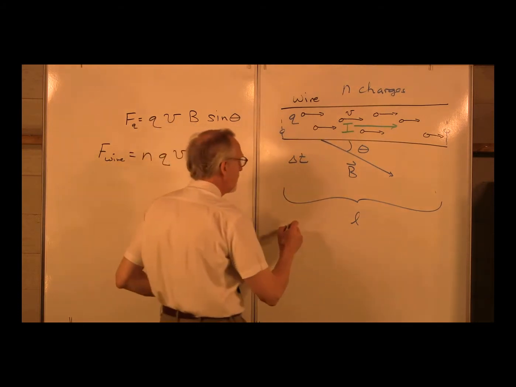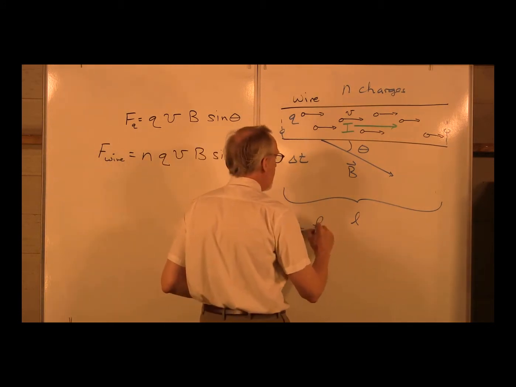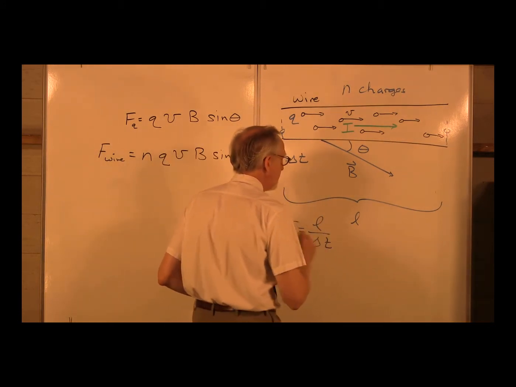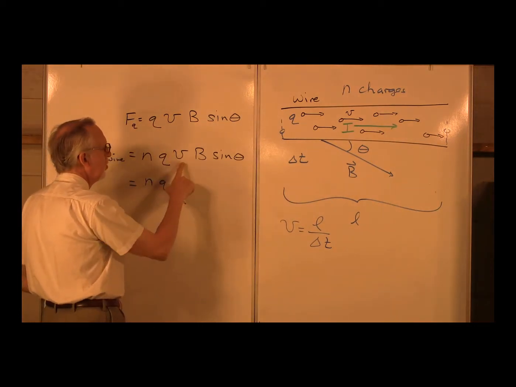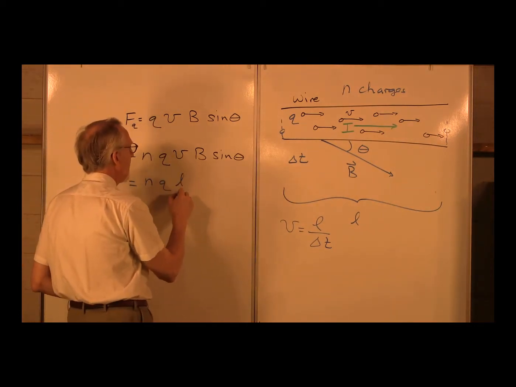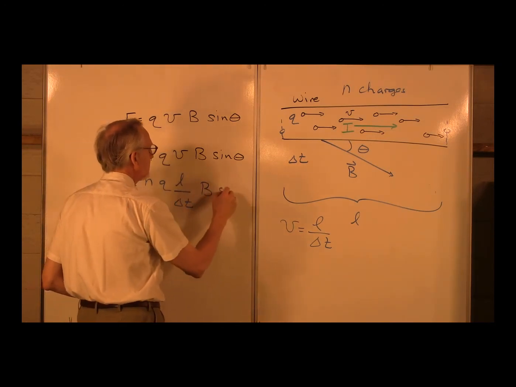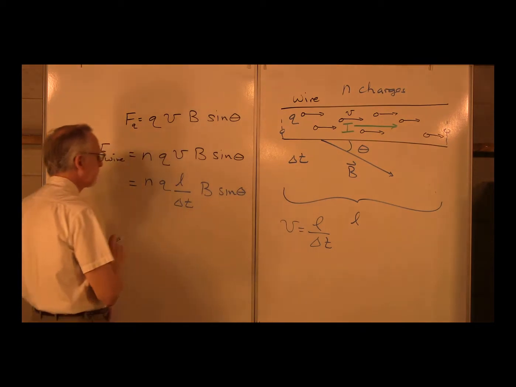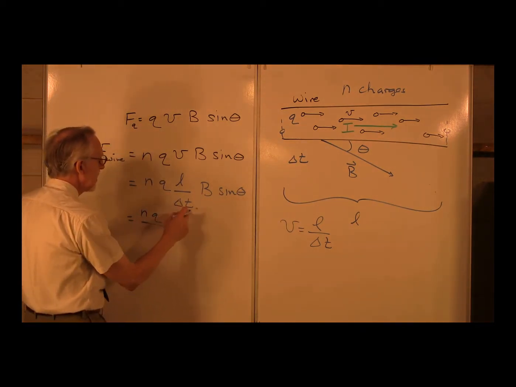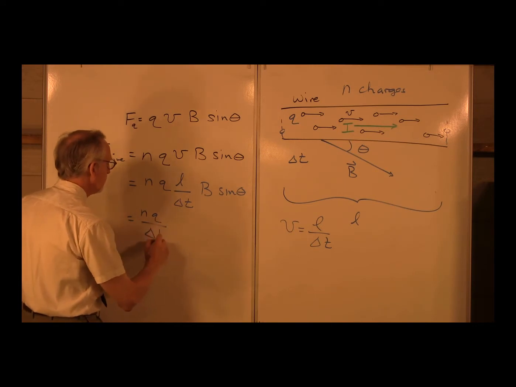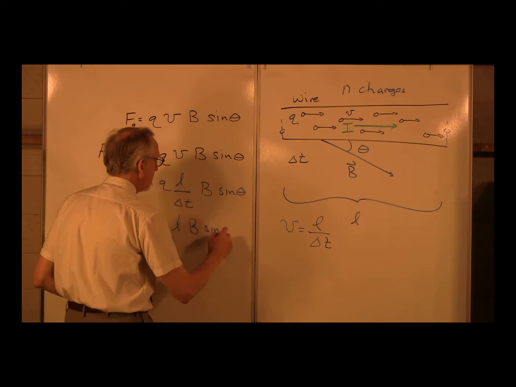So we know that v must be distance over time, L over delta t. Let's write this then as nq, times V, which I'm going to write as L over delta t, and then B sine theta. What is this part right here? nq, and I'm going to move the delta t over to this part, nq over delta t, times L, B sine theta.